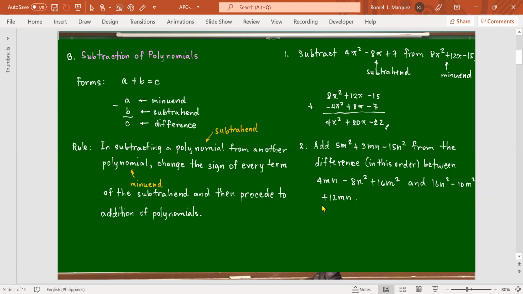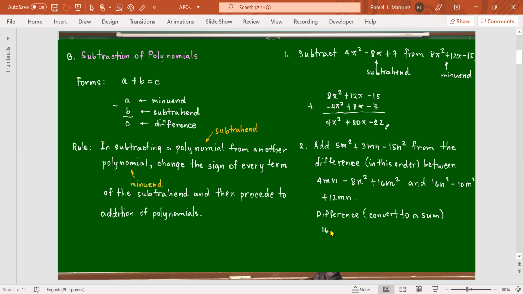Let's see. First, let's get the difference. But I'm going to convert it into a sum, no? Convert to a sum. Okay, guys? What is the difference? In this order, meaning this minus this. So let's start with m squared.